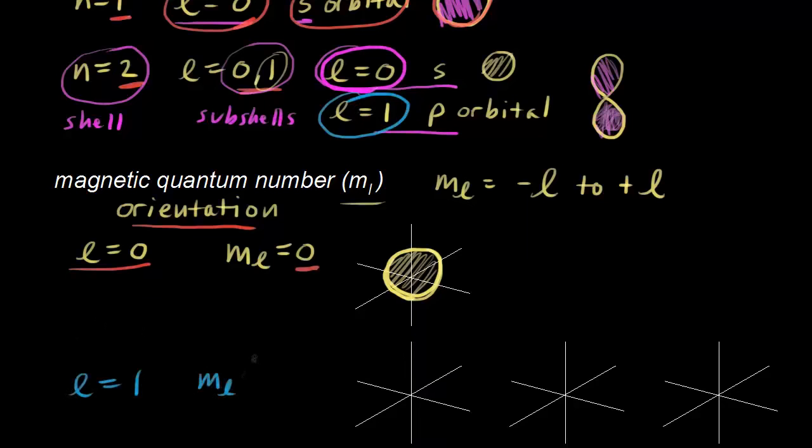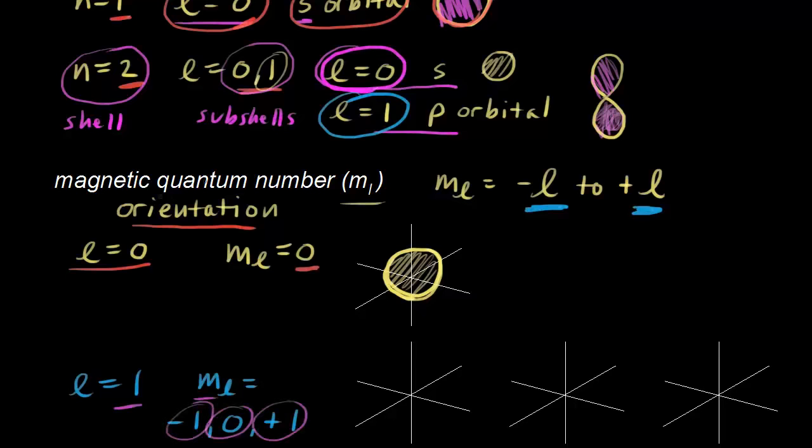So m sub L is equal to, this goes from negative L to positive L. So any integral value from negative L to positive L. Well, negative L would be negative 1. So we can have negative 1, 0, and positive 1. So we have three possible values, right? So when L is equal to 1, we have three possible values for the magnetic quantum number. So 1, 2, and 3.